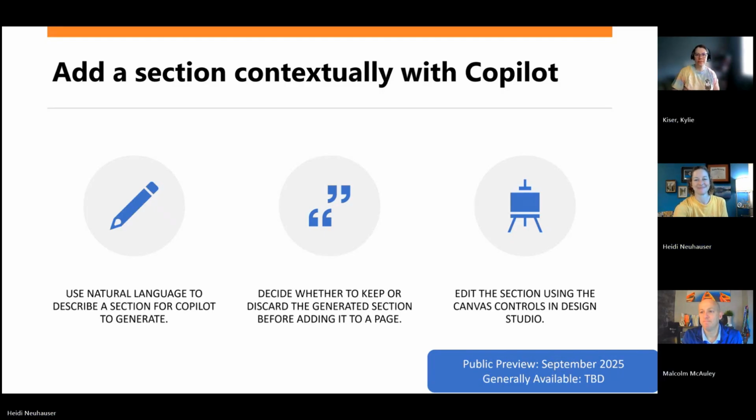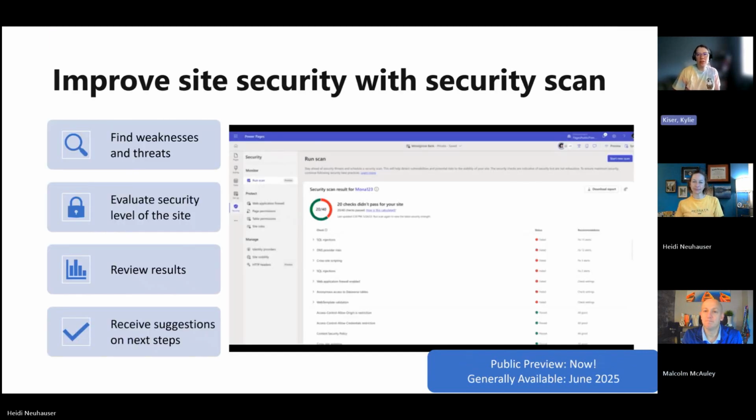Agreed. And then we also have the security scan. This is in public preview now, and I believe it's been in public preview since last May, if I remember correctly. Basically, you can find this within your site tools. You can identify weaknesses, evaluate the security, and then within that tool, you can review the results and receive suggestions on next steps.